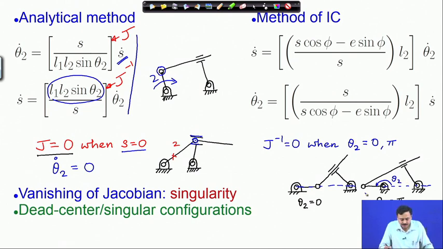So, what happens here? Irrespective of the value of theta 2 dot, S dot is 0. Which means this actuator now cannot expand any further, it must reverse. It reaches 0 velocity and it must now reverse back.